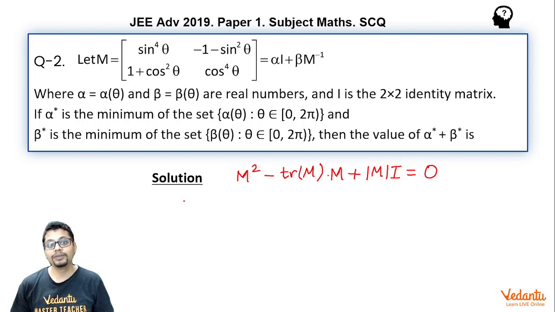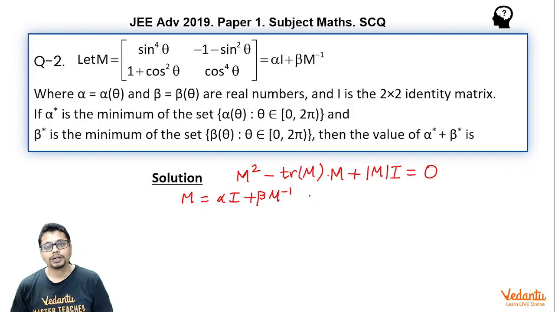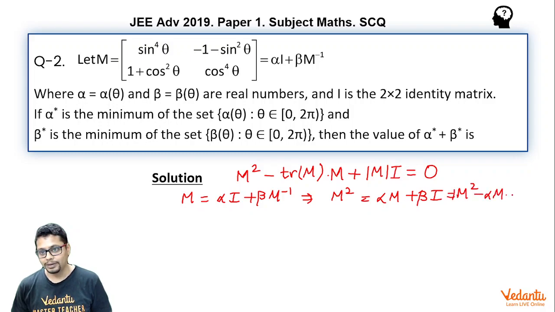And what we have been given is M is equal to alpha times identity matrix plus beta times M inverse. If I multiply both sides by M, whether you pre-multiply or post-multiply, it would not matter in this case. You get M square is equal to alpha M plus beta I, identity matrix. So essentially it becomes M square minus alpha M minus beta I equal to null matrix.